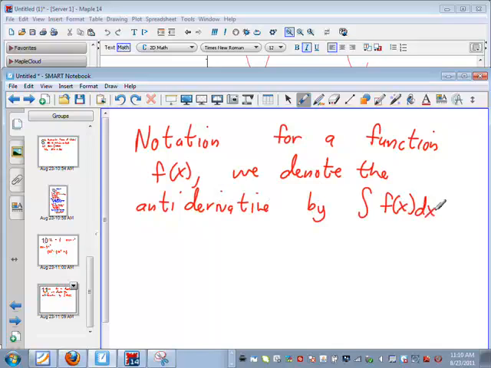This is the notation for the antiderivative. So notice that there's no a or b or anything like that, okay? So we call that an indefinite integral. An indefinite integral.